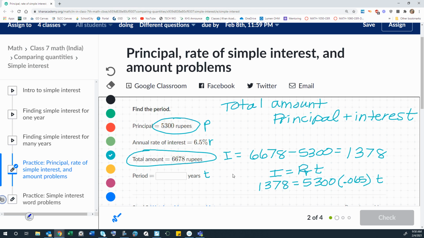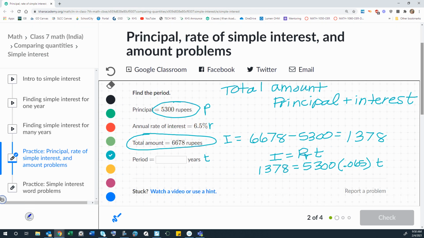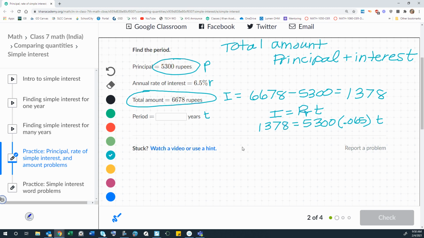So we need to multiply these together first. So let's do 5300 times 6.5%. Or I'm just going to multiply by 0.065. And that gave me 344.5 T. So now that equals my interest.